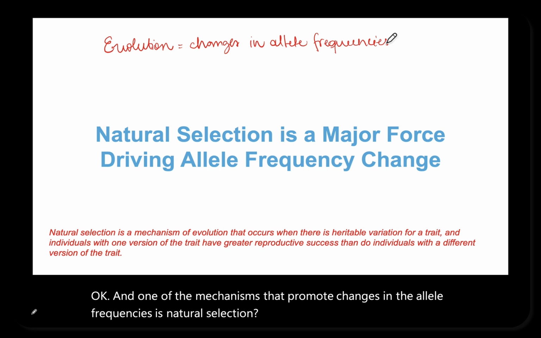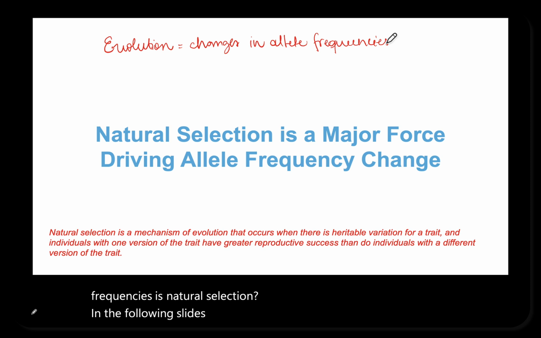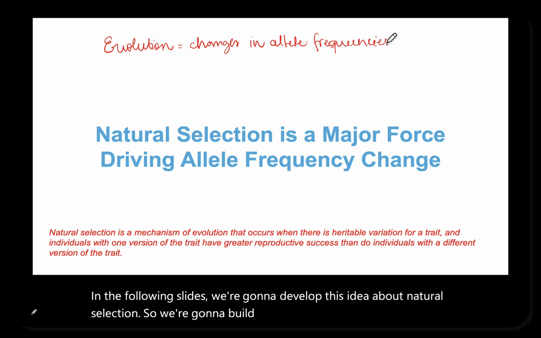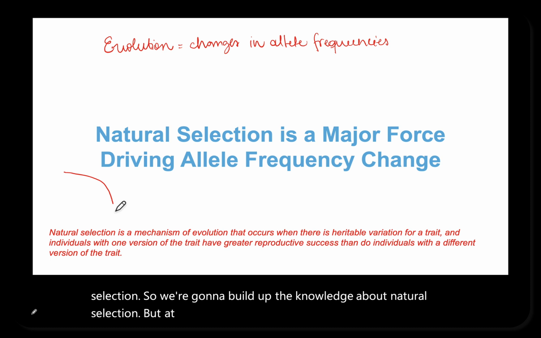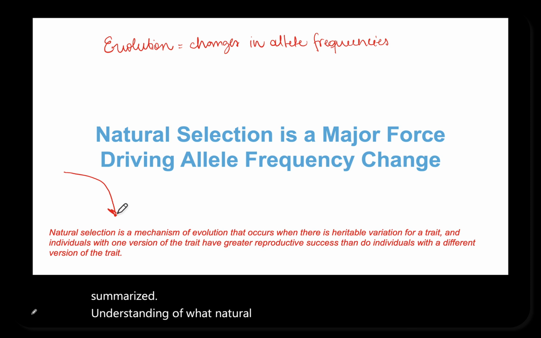In the following slides, we are gonna develop this idea about natural selection. So we are gonna build up the knowledge about natural selection. But at the bottom of this slide, you already have a very summarized understanding of what natural selection is. This will be true for the other mechanisms as well.